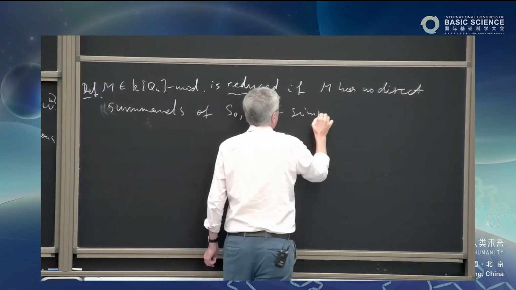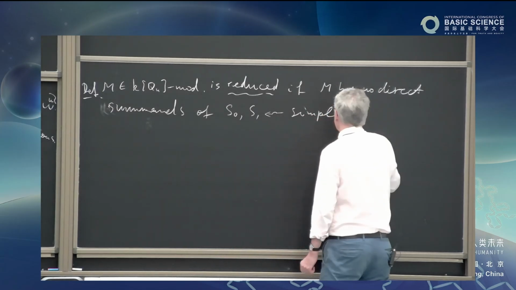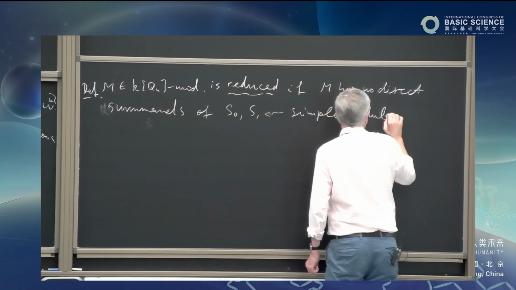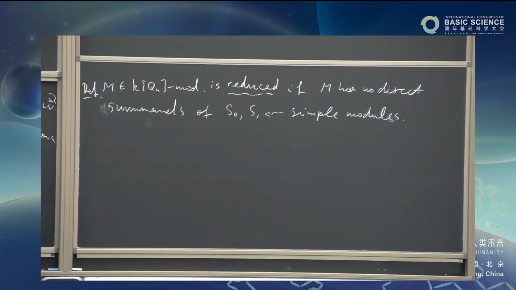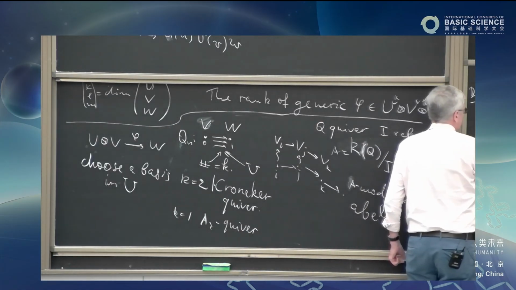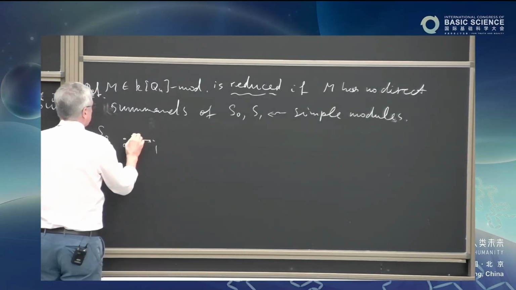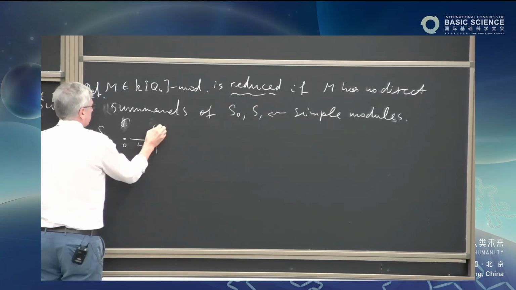These are simple modules, meaning irreducible objects in this abelian category, and they correspond to the vertices of our quiver. So the quiver has two vertices, 0 and 1. S0 is a representation given by, so these are n arrows, here we have k, which is our complex numbers, and here 0.